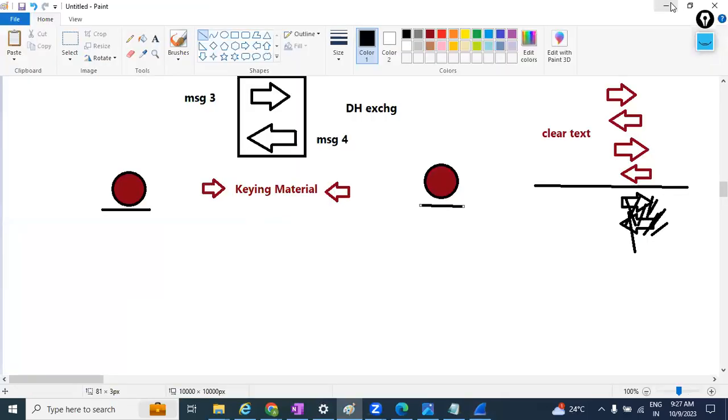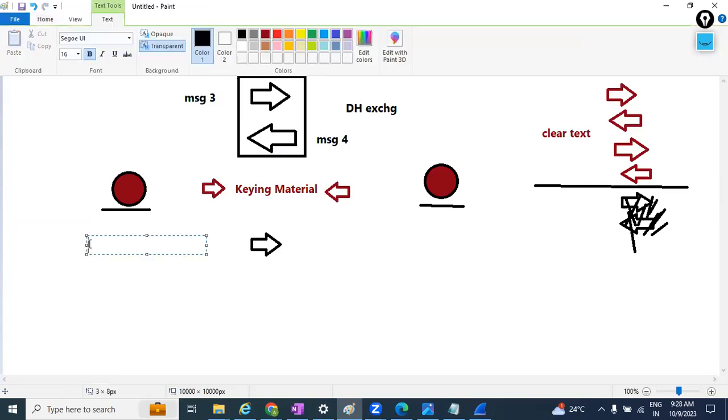Clear? Encrypted, it's fine, but why are we using the fifth and sixth messages? The fifth and sixth messages we are using here for authentication, or you can say identification.